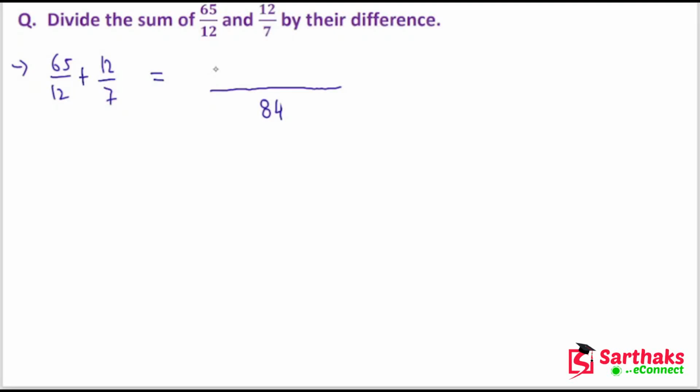Now 12 into 7 equals 84, so we will have 65 into 7 plus 7 into 12 over 84, so we would have 12 into 12. Okay, now let us calculate 65 into 7, which would be 455, and 12 square equals 144, whole upon 84, right?